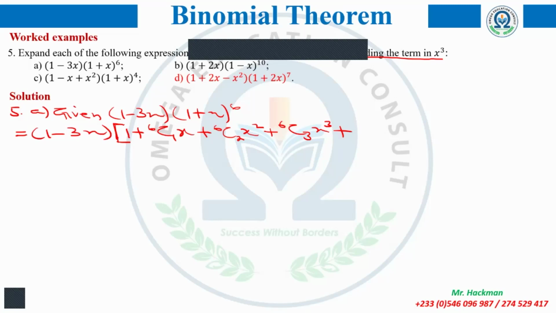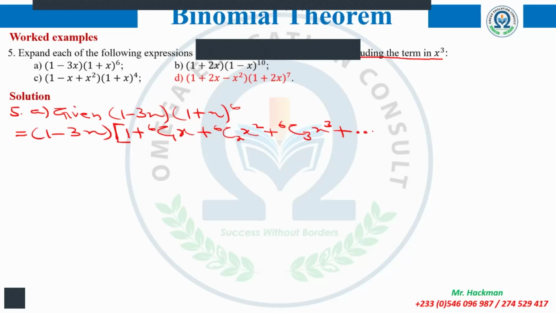Sir, please, according to the question, you should write it in ascending powers of x up to the x raised to the power 3. Okay, that is what you said. Very good. So per what we have here, we are going to ignore the other terms and represent them by ellipses.